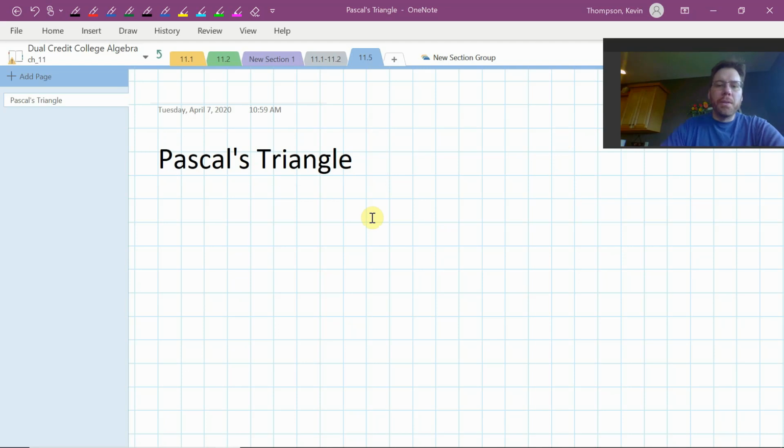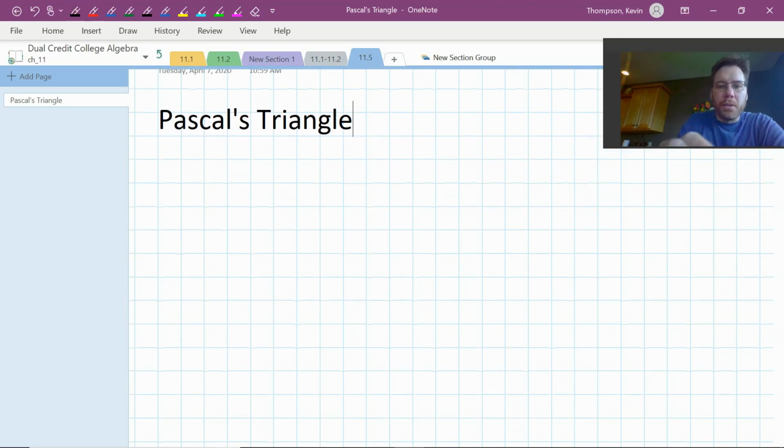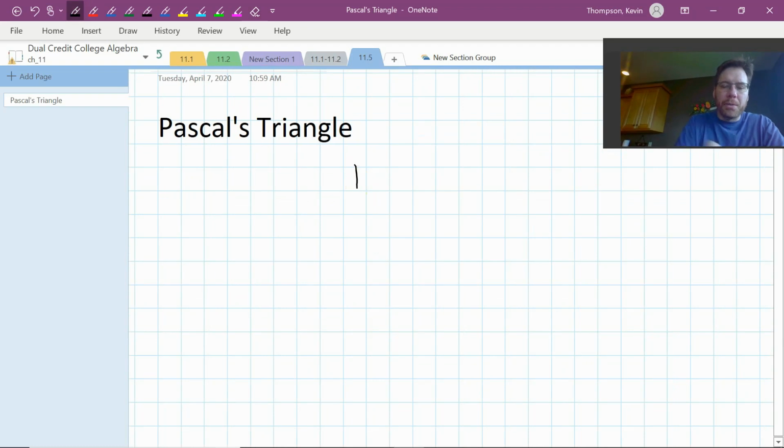So we're gonna finish up chapter 11 here, and the topic we're gonna start with is something called Pascal's triangle. What we have here is a pattern, and I'm gonna start writing it. I'm gonna try to draw something here that's kind of a triangle. At the top of it is a 1.